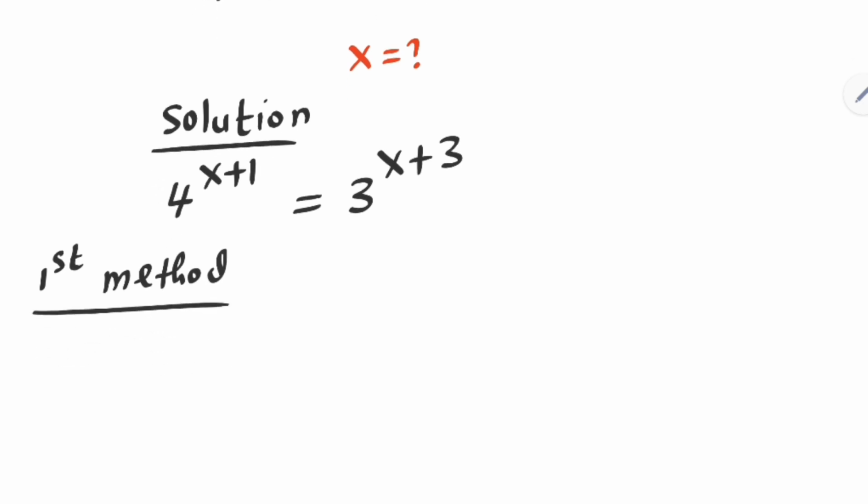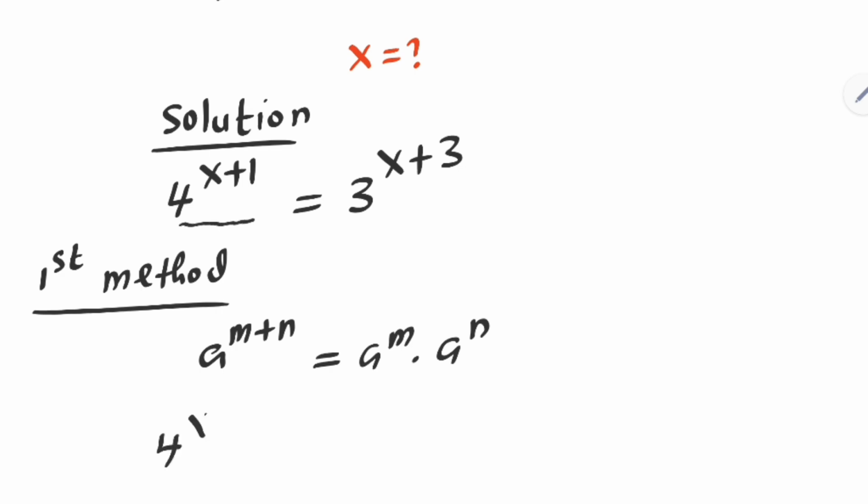Take note of this, that if you have a raised to power m plus n, this is equal to a raised to power m multiplied by a raised to power n. Then the left hand side can be written as 4 raised to power x multiplied by 4 raised to power 1, is equal to the right hand side 3 raised to power x multiplied by 3 raised to power 3.